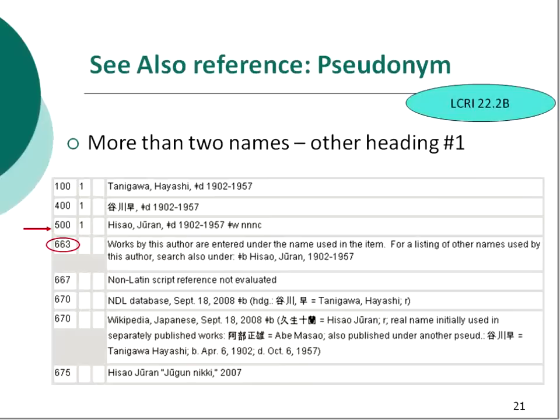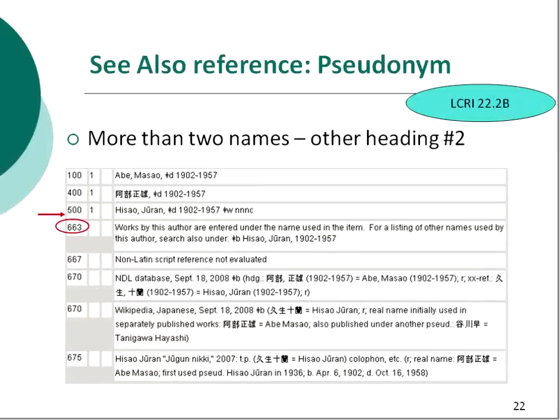Now, remember earlier we talked about NACO normalization, and I made the point that we could have the same 500 fields in different records. Take a look at the 500 here. This is the 500 for referring to the basic heading. Now take a look at the second heading other than the basic heading.